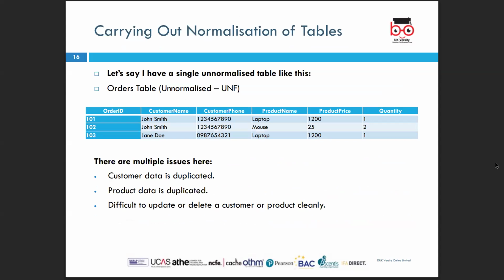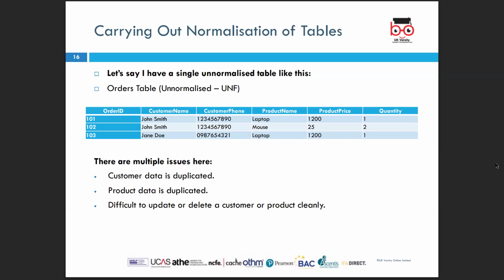Here we have an example of how we can carry out normalization on tables. We have a single table with all our columns: order ID, customer name, customer phone number, product name, product price, and quantity.